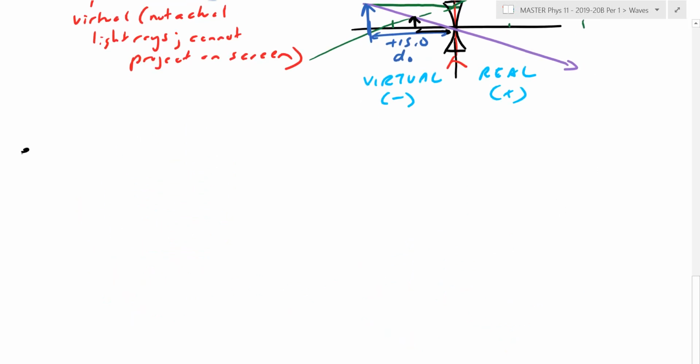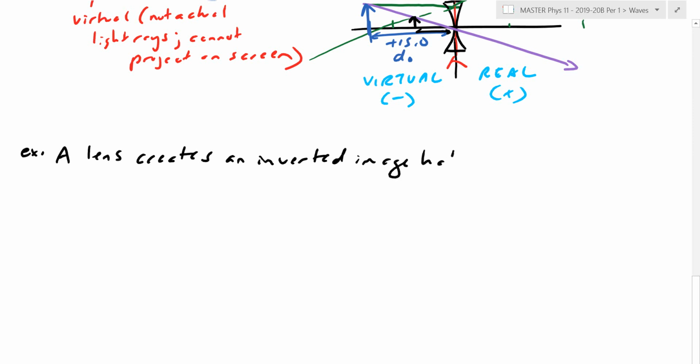This one here, the algebra is just a little bit harder because it doesn't seem like we're given enough information. Let's start off here. A lens creates an inverted image half as tall as the object. I want you to find an expression.